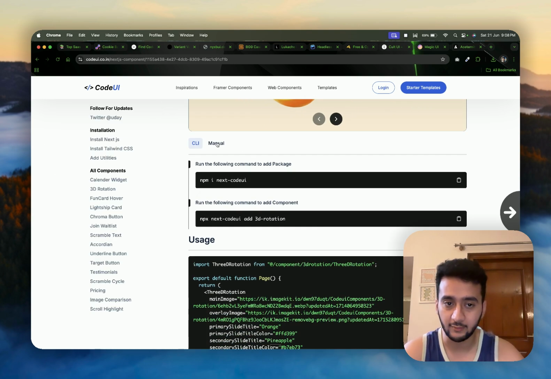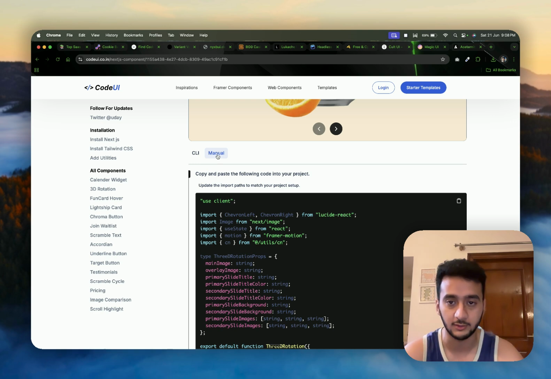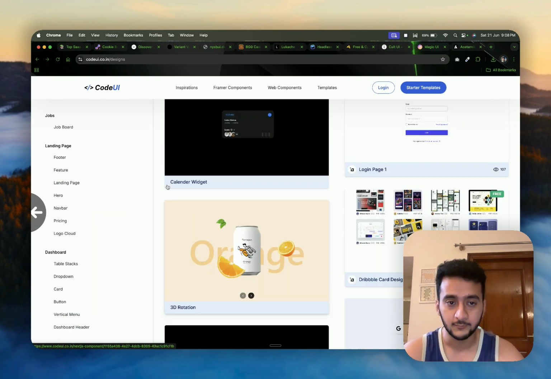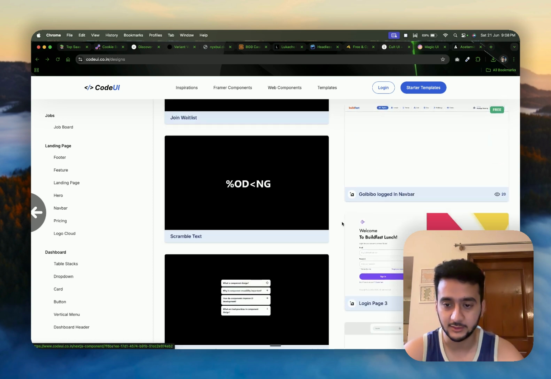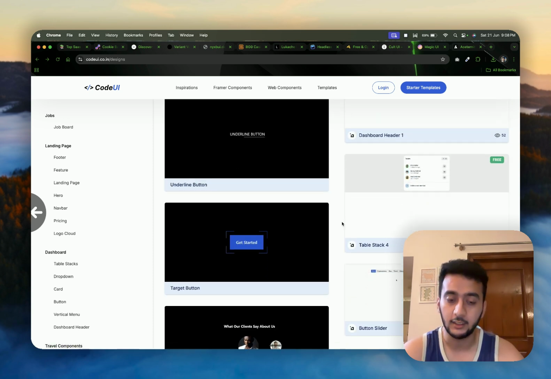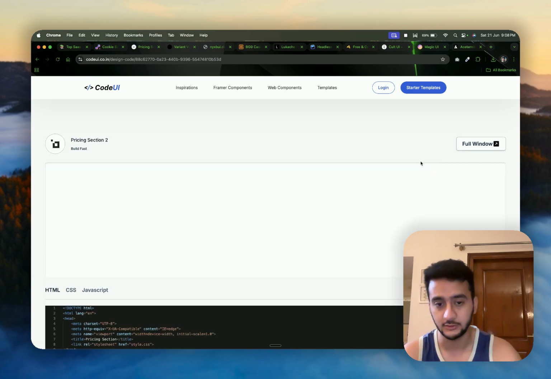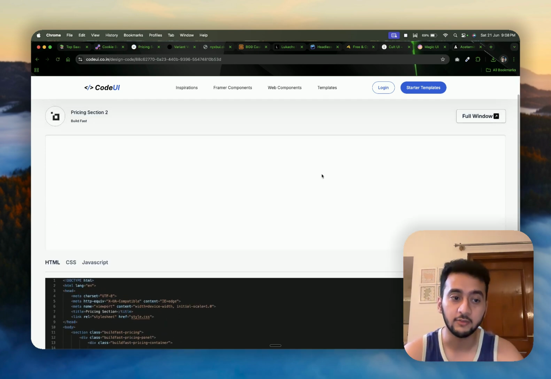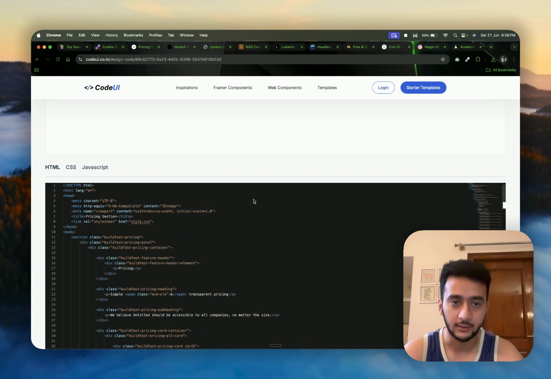The good thing is they have direct terminal installation processes, and you can set it up manually as well. A pretty cool library with all kinds of components. I have used their pricing component in one of the products that we built for a client.